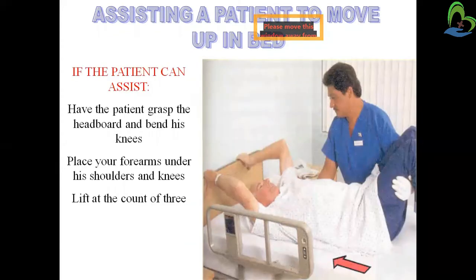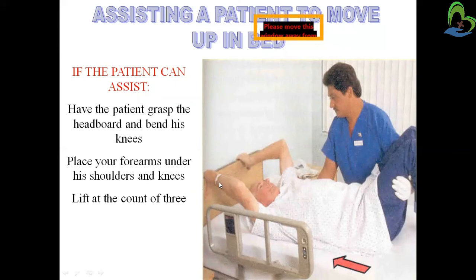Next, that is the patient to move up in a bed. So how can we apply this? If the patient can assist, have the patient grasp the headboard and bend the knees. So one assistant is there for raising up the patient, who grasps the headboard as shown in the image. This is the headboard.